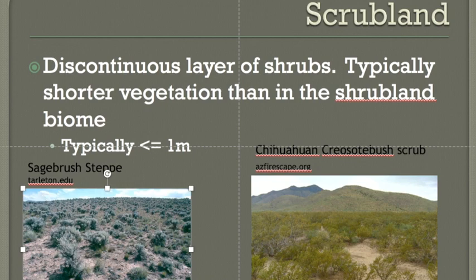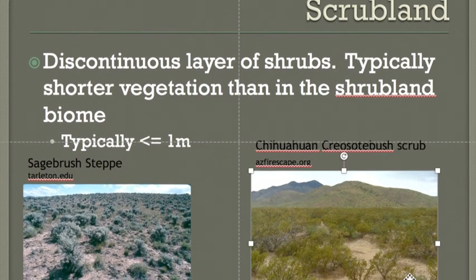Do keep in mind that I also showed you the sagebrush steppe for a shrubland, and it can occur in either state, if you will. It can have a discontinuous layer or a continuous layer. We also have the creosote bush scrub in New Mexico, where we've got the shrubs here with lots of space in between, or a discontinuous canopy.